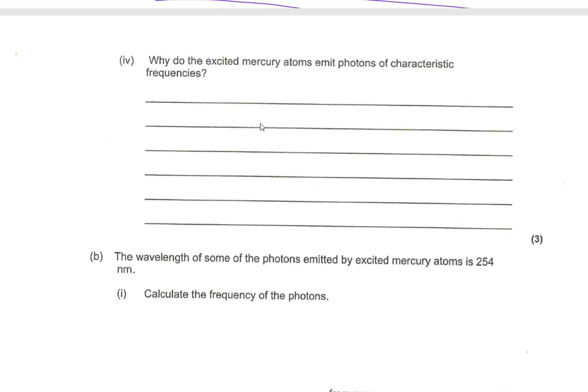Now, why do the excited atoms emit specific frequencies? Let's look at the atoms again. Now let's try to understand this. Now the electrons.